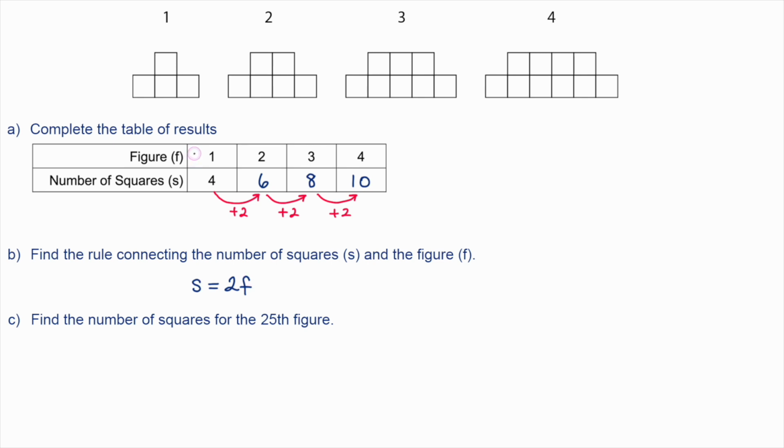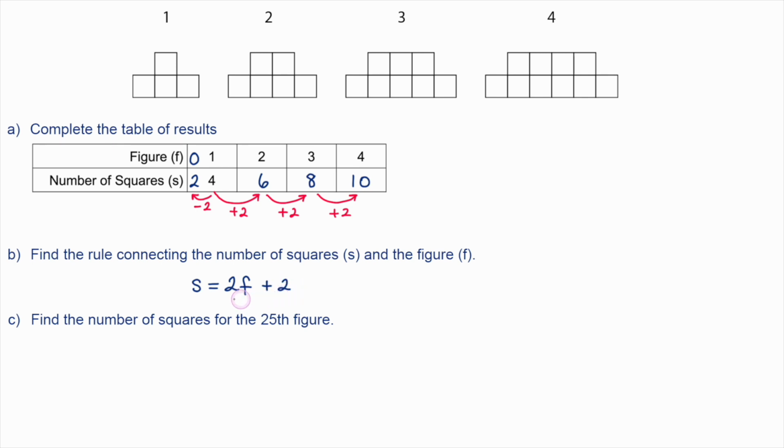So in other words, if we had a 0 here, what would the value of S be? Well, we know we're adding 2 each time. So when we go in reverse, backwards here, we would have to subtract 2 from 4. And therefore the value of S here is 2. So S equals 2F plus 2.